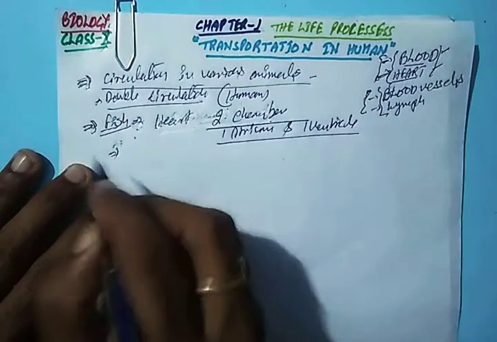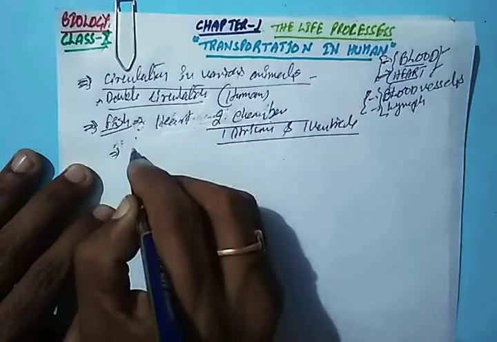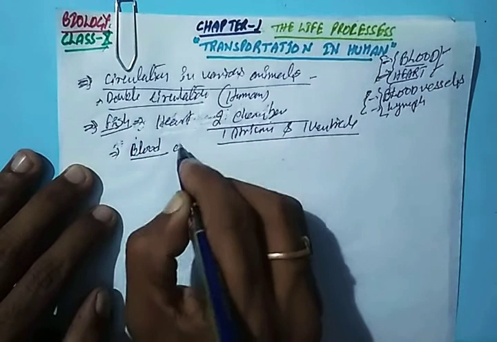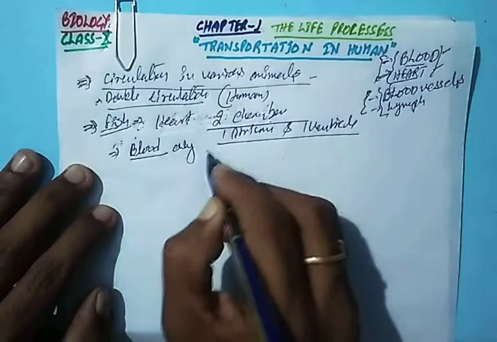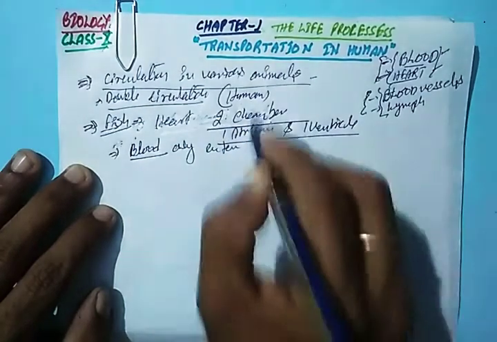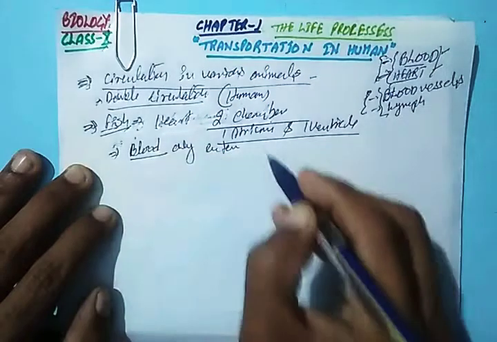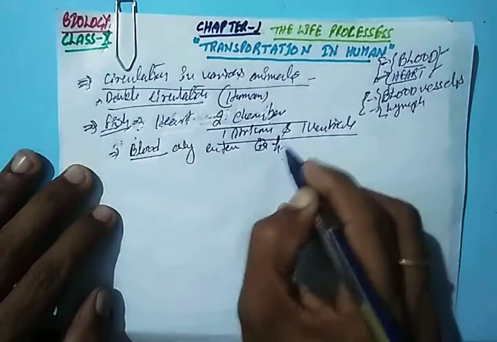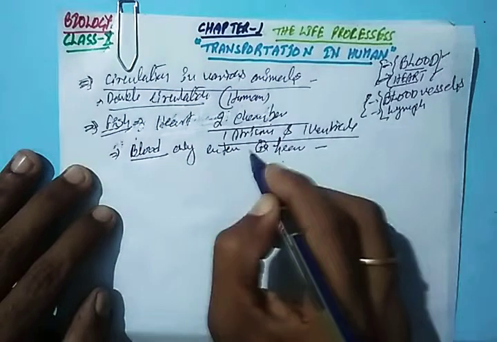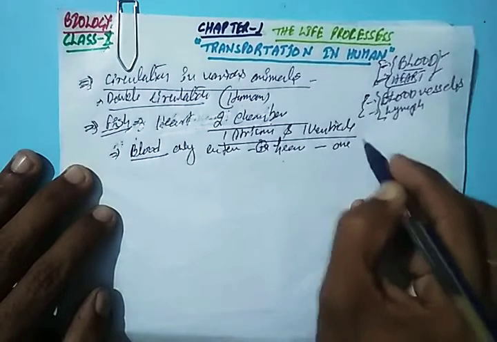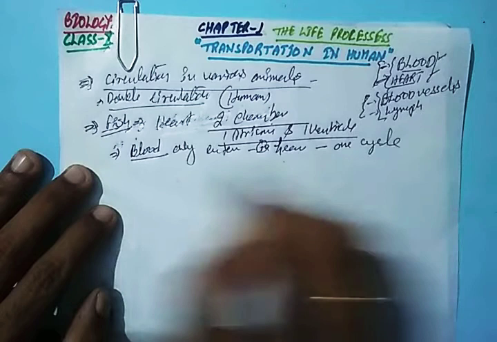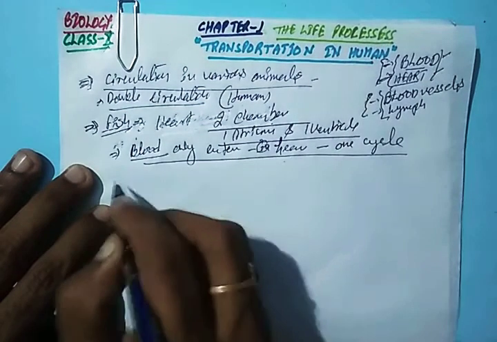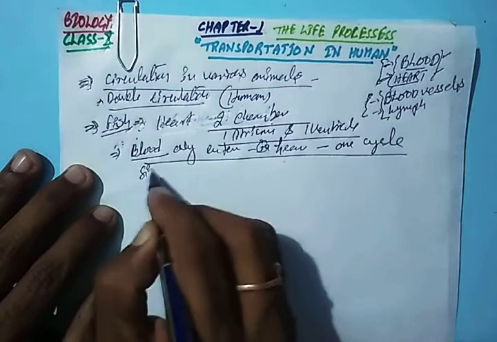The important thing is that blood enters the heart of a fish in only one cycle. This type of circulation is called single circulation.